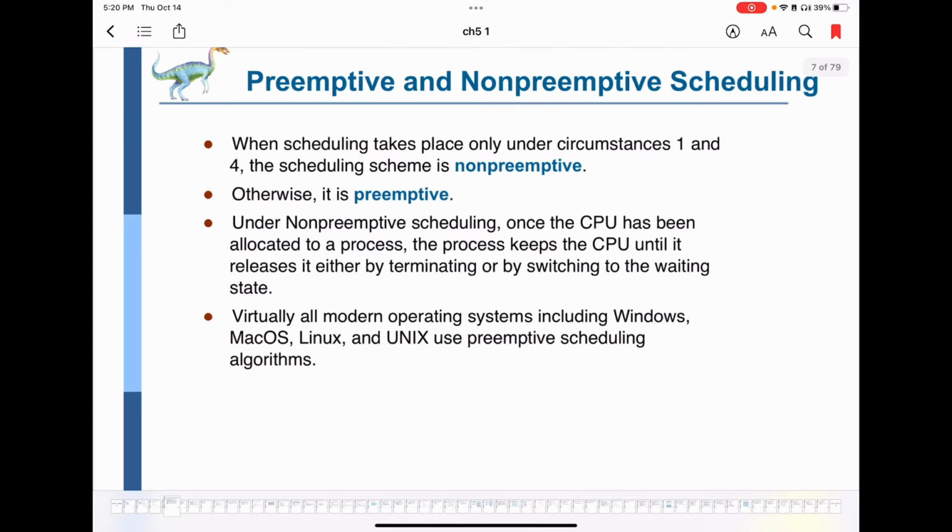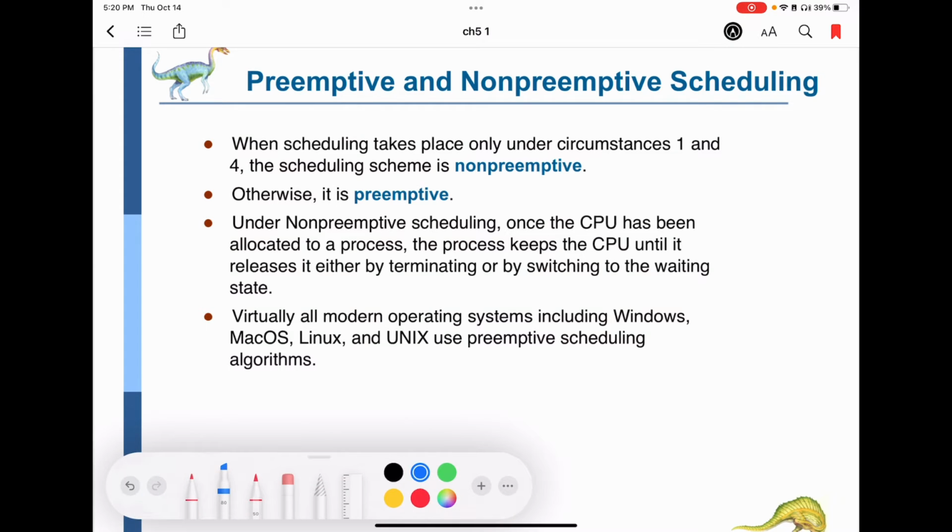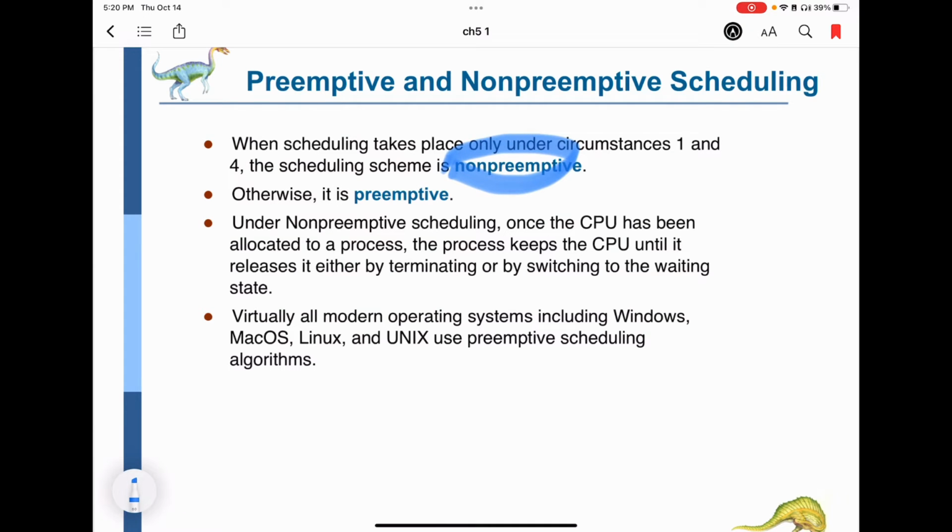Okay. So, let's define now the preemptive and non-preemptive. When we say non-preemptive, ito lang din yon para mas madali. Pag non-preemptive, ibig sabihin, hindi natin tinitigil yung isang process, pinapatapos natin siya until siya ma-terminate.